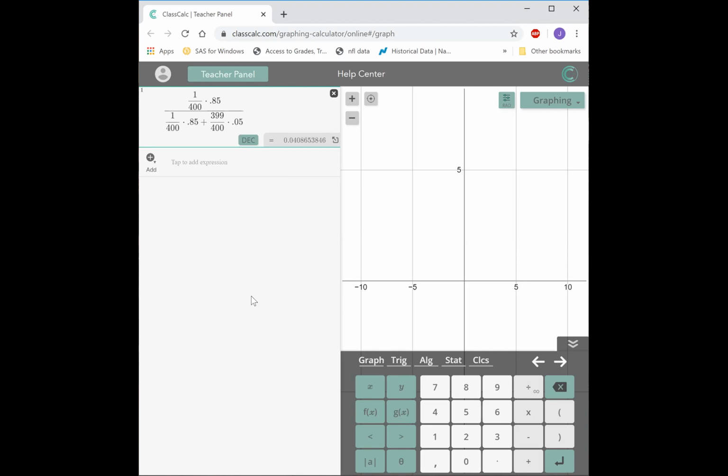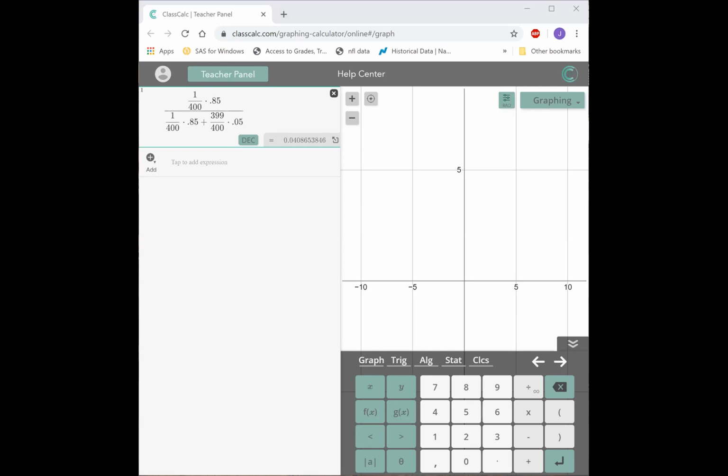All right. So what I'm actually going to do, I'm not going to do B. I'm going to do A again, but for A, I'm going to do it using the tree diagram, so that you can see how you get the same answer using the tree diagram or using the formula.